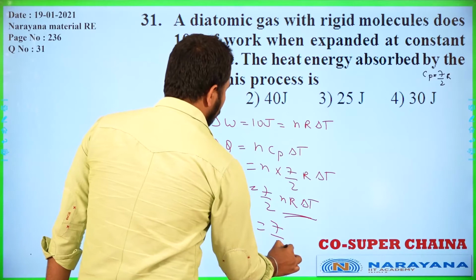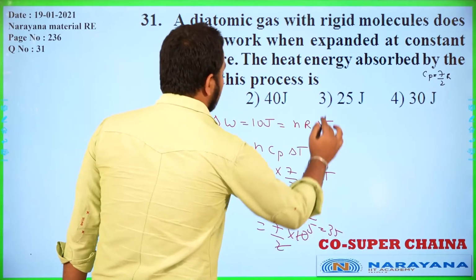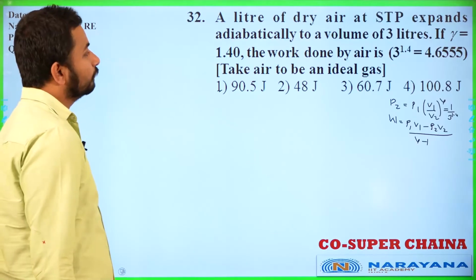So 7/2 into 10 gives us the answer as 35. So 35 joule is the answer of this question. Let's proceed to the next one now.